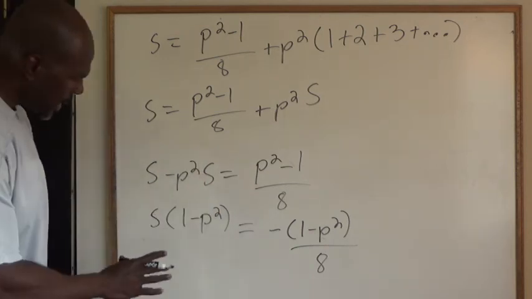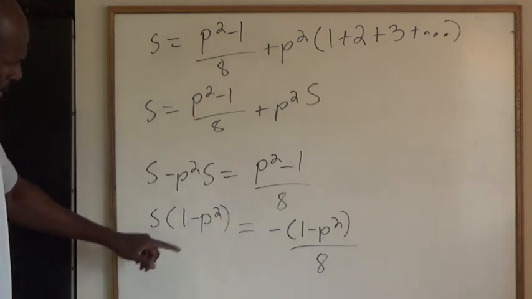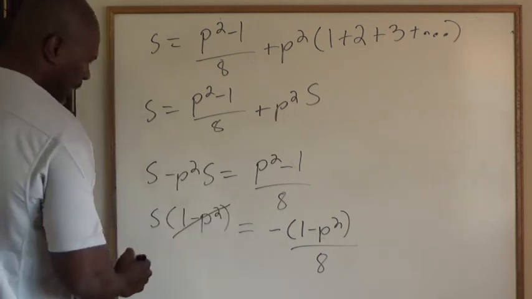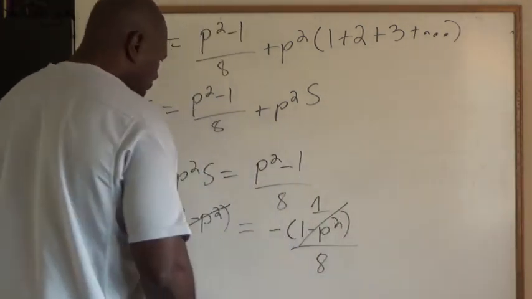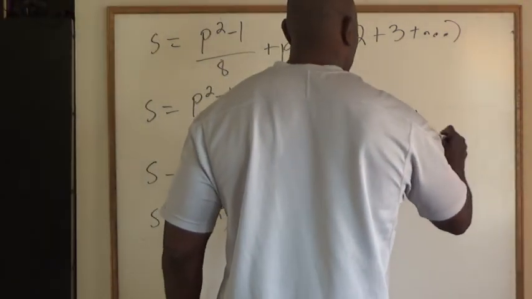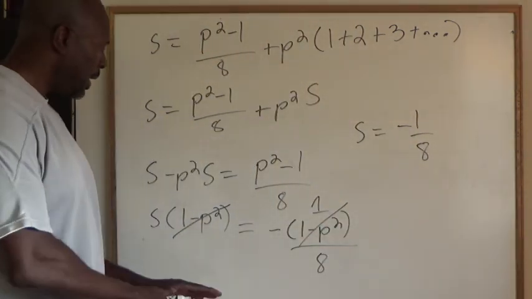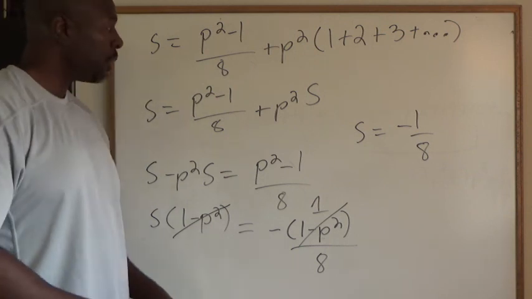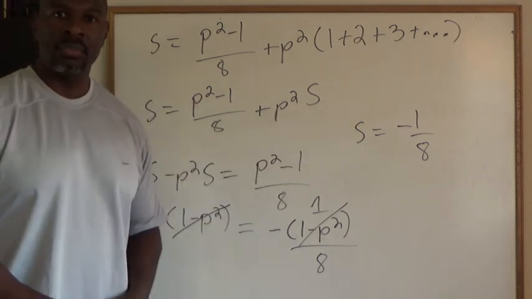So now the last thing we need to do to solve for S is divide by this. When I divide, on this side it cancels, on this side it cancels, there's a 1 there, and lo and behold, S is -1/8. So now we have proved for any odd number p, where p is an odd natural number, that for any particular value of p, we will always get -1/8.